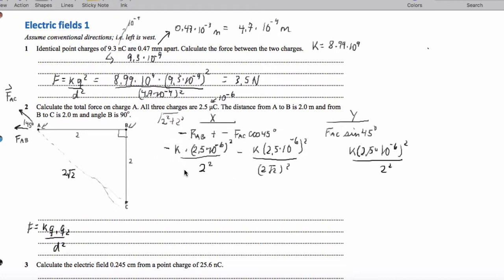We'll do that in the next line. So I'm going to end up getting 8.99 times 10 to the negative 9th times all this other stuff. I'm going to simplify. What I'm going to do is put in 8.99 times 10 to the 9th here. And then I put it in here.